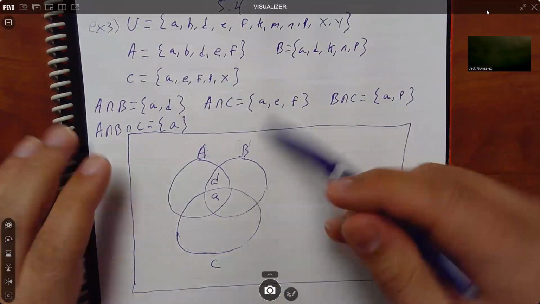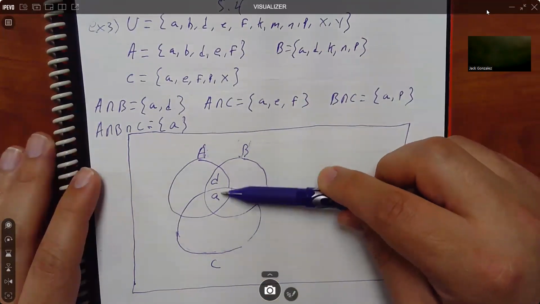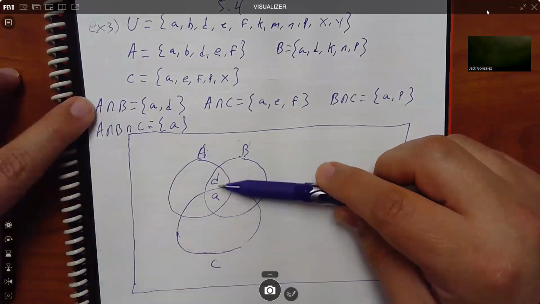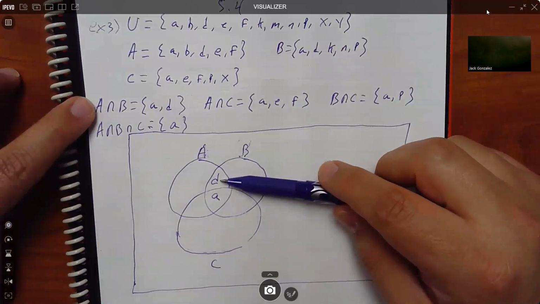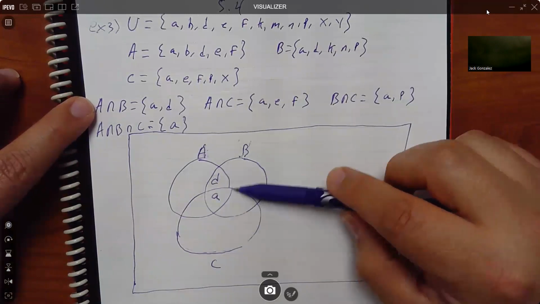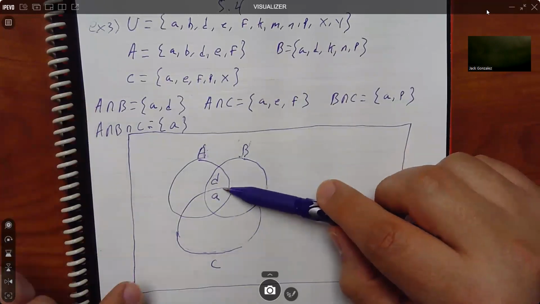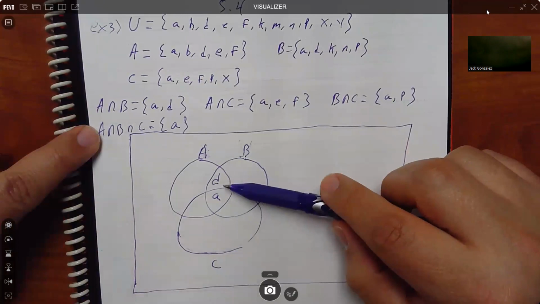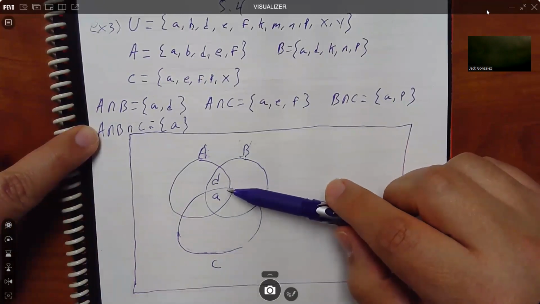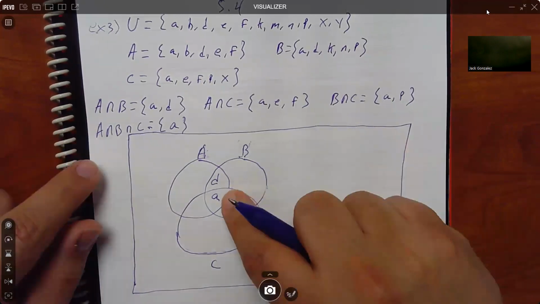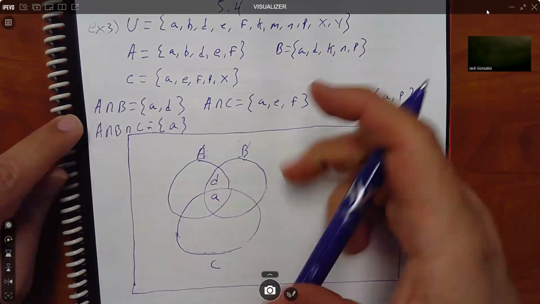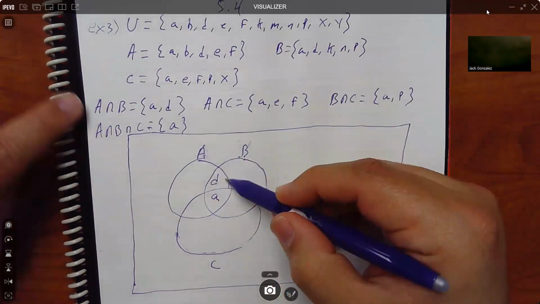Because A and D go right there. See how that overlaps right there? The middle is also this one at the same time. So this section in the middle is this, but this bigger piece is A intersect B.